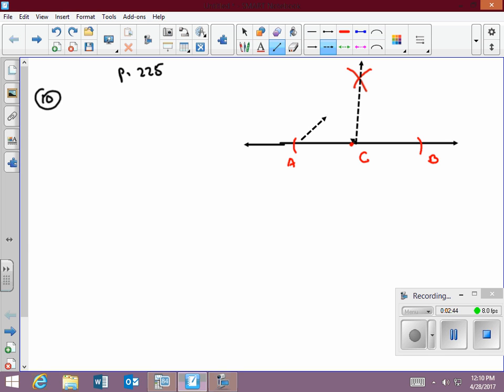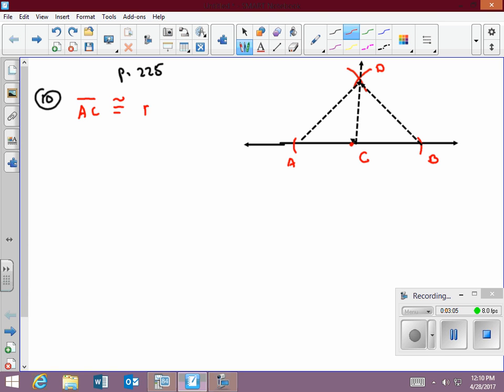So then the justification would be for that. You've got AC is congruent to BC, and that's because you constructed it that way. And then AD would be congruent to BD, and that's constructed.